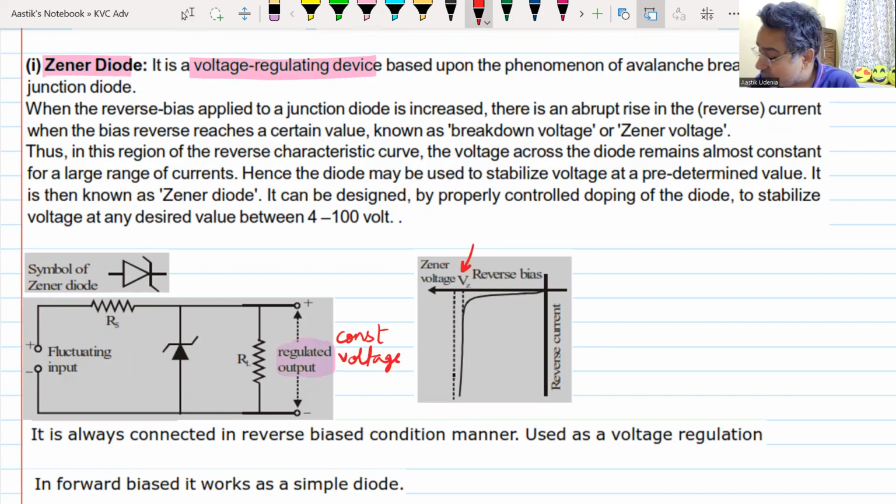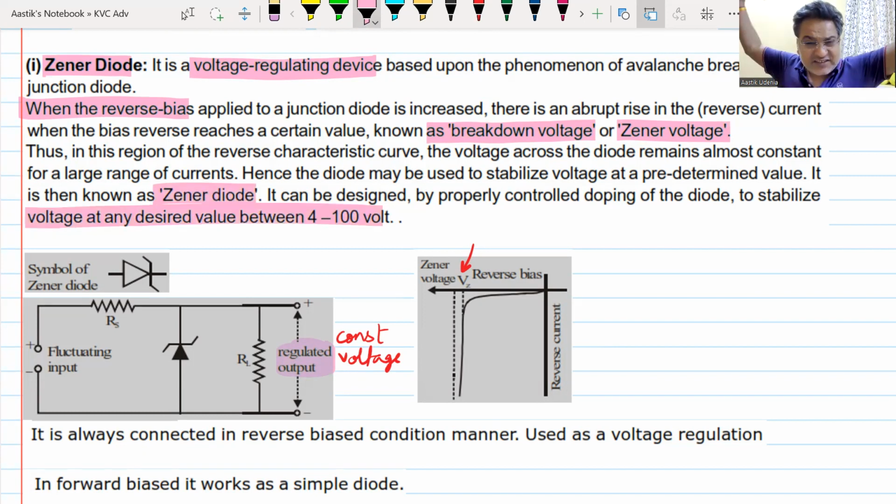The Zener diode always operates in the reverse bias condition. If the reverse bias is increased, we get a breakdown voltage, Zener voltage or avalanche voltage. When this is reached, no matter what you do, the voltage remains constant. Yes or no? Yes. This device, known as a Zener diode, operates in the avalanche range, the Zener voltage or the breakdown voltage.